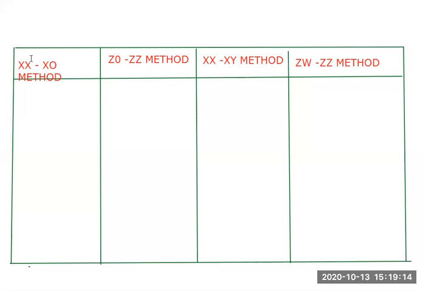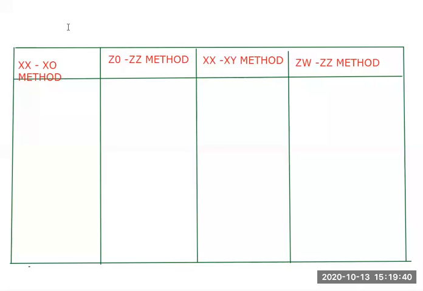If you remember the headings, everything will be over. In the given methods, the first one is always the female. In the XX, XO method, who is the female? XX. In the ZO, ZZ method, who is the female? ZO.